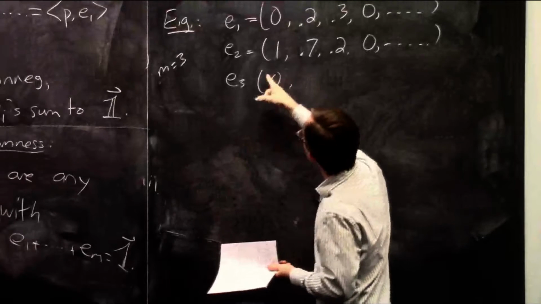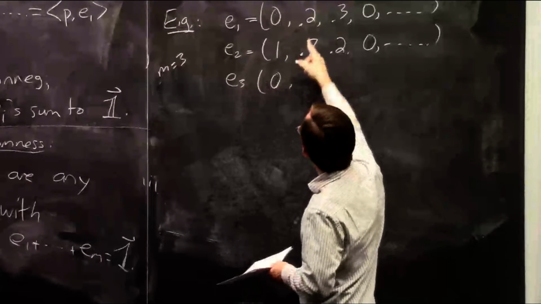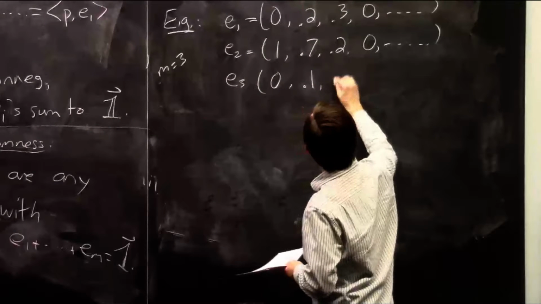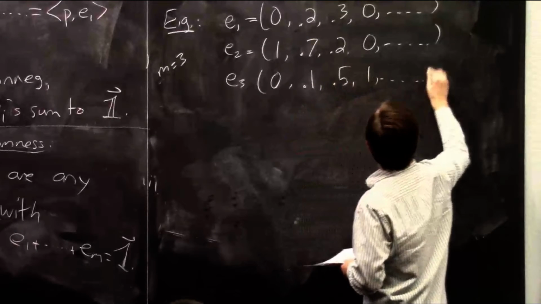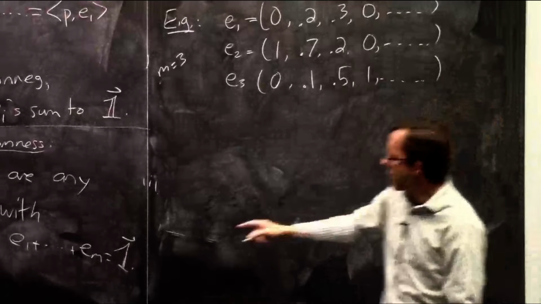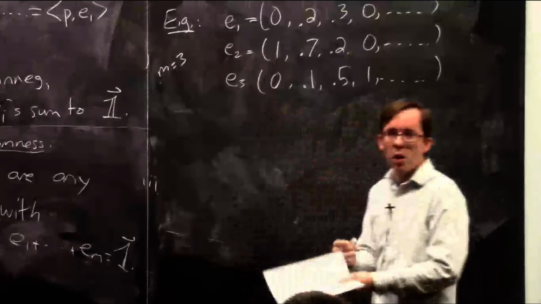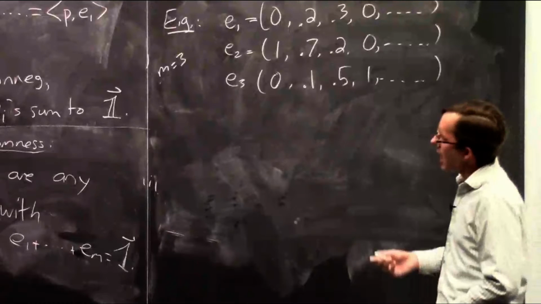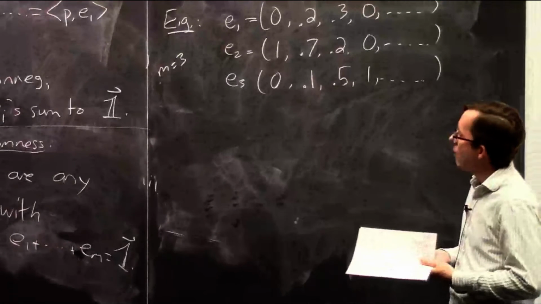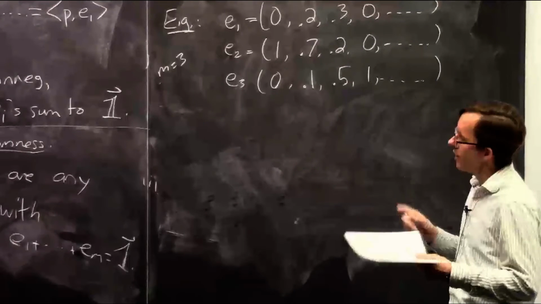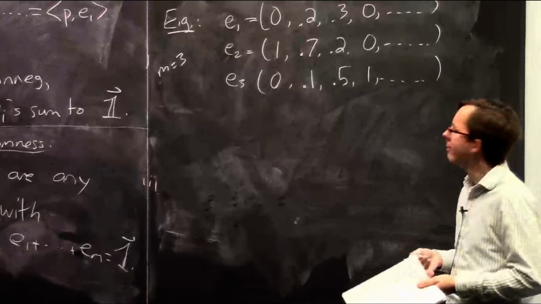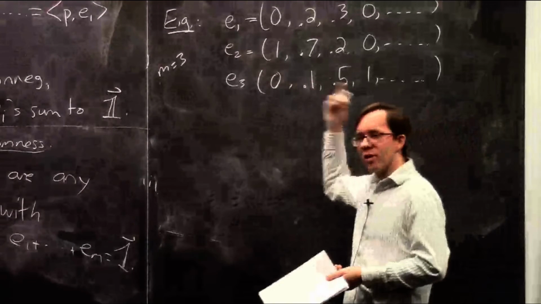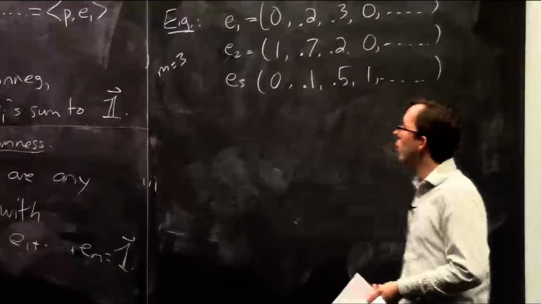You can tell what they are because I told you there's only going to be 3 of them. This would have to be 0.1, this would have to be 0.5, this would have to be 1. I say it would have to be because I'm assuming the condition that the vectors add up to all ones. And notice now that it's fully possible to have m, the number of events, be bigger than d. It wasn't in this case, but it's just because I wanted something I could write on the board.